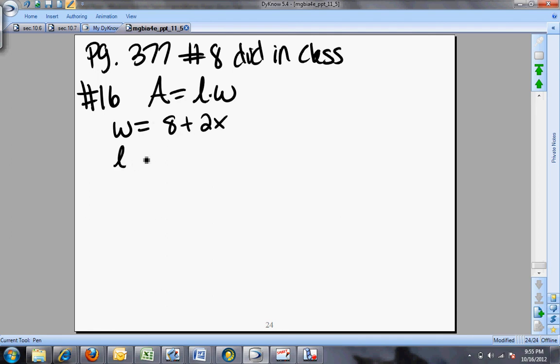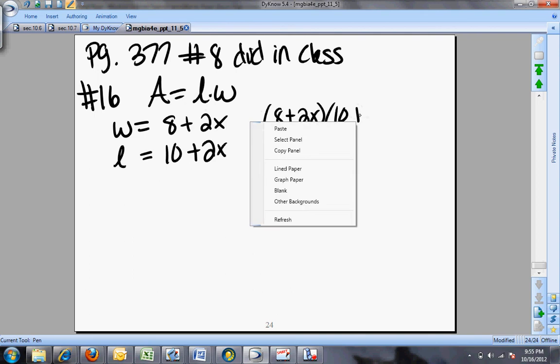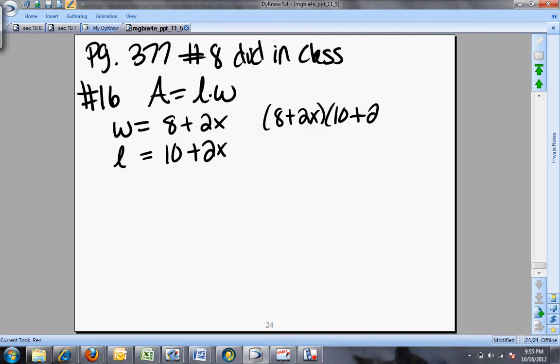Then our length is going to be 10 plus 2x. So if length times width equals area, then we're going to have 8 plus 2x times 10 plus 2x, and that's going to be equal to 168.